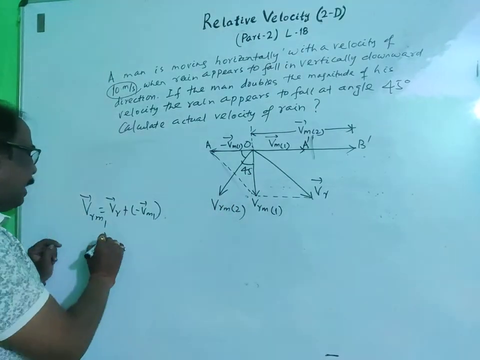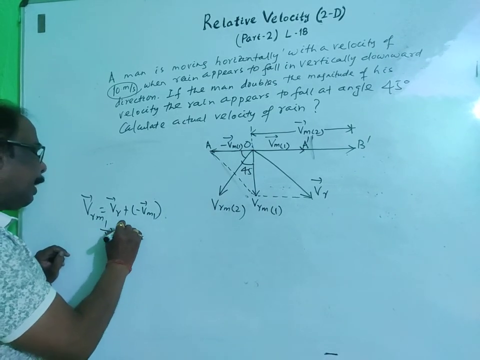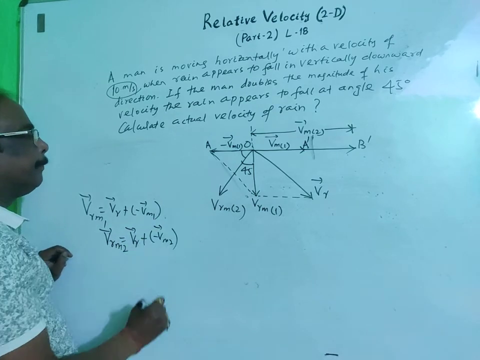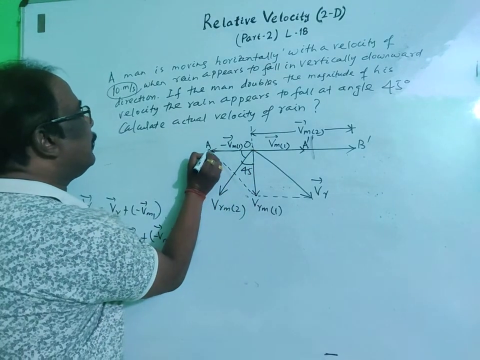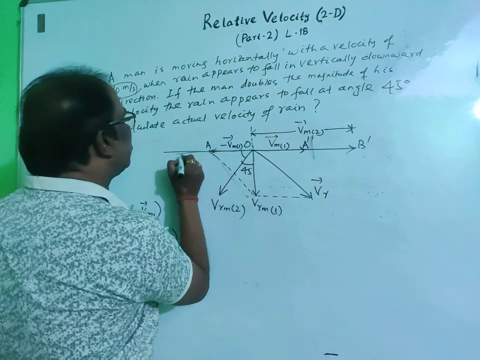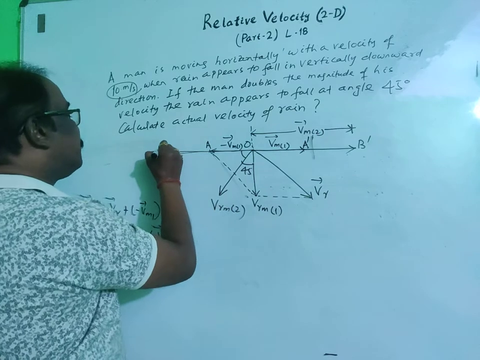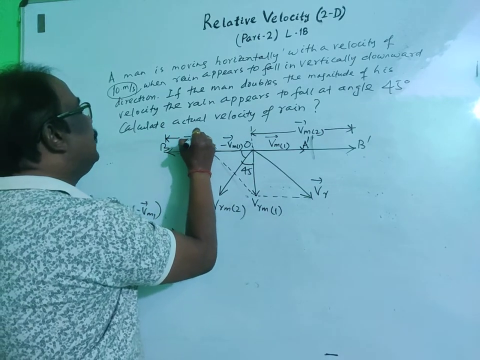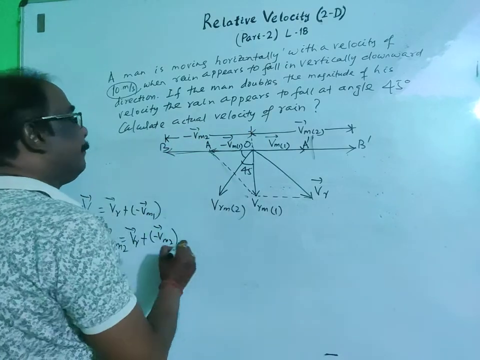To have Vrm2, we have to add Vr vector plus minus Vm2 vector. This is minus Vm1 vector, thus double the length of line. Double the length of line because magnitude is doubled. This is Vm2, this is OB, means OB represents minus Vm2. Okay.